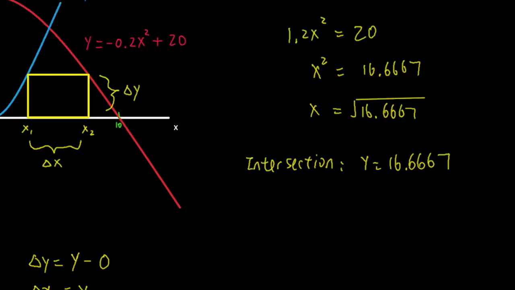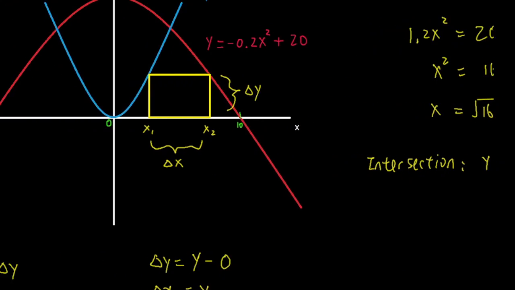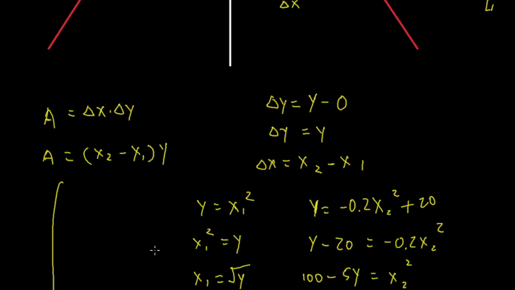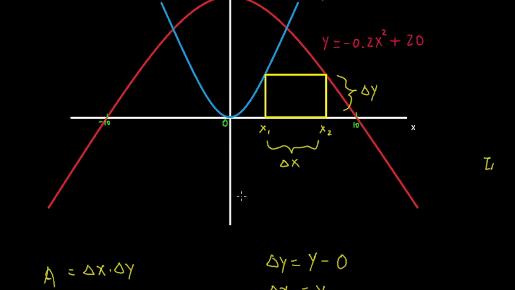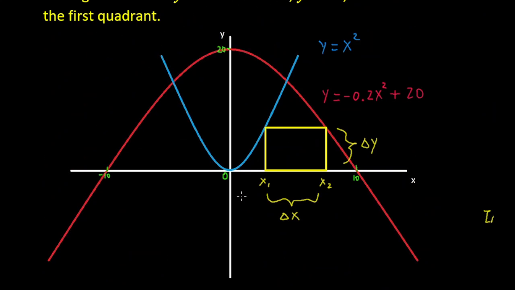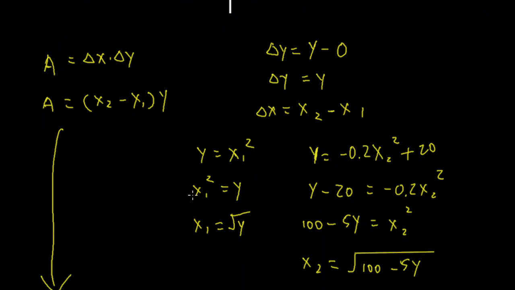Now, we have the y value. Then we have to figure out x2 and x1. Then we can find the maximum area of the rectangle bounded by these two curves above the x-axis. To find x2 and x1, we just put the y value we just calculated, 8.8889, into the y here, and we can calculate x1.